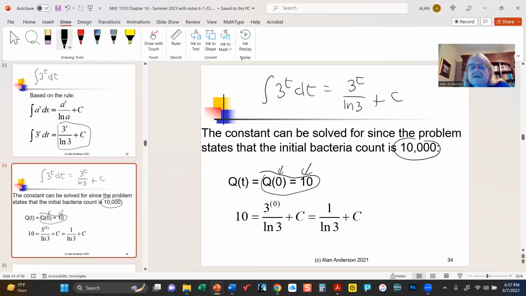So in other words, by telling us that Q of 0 is 10, that enables us to solve for the constant.